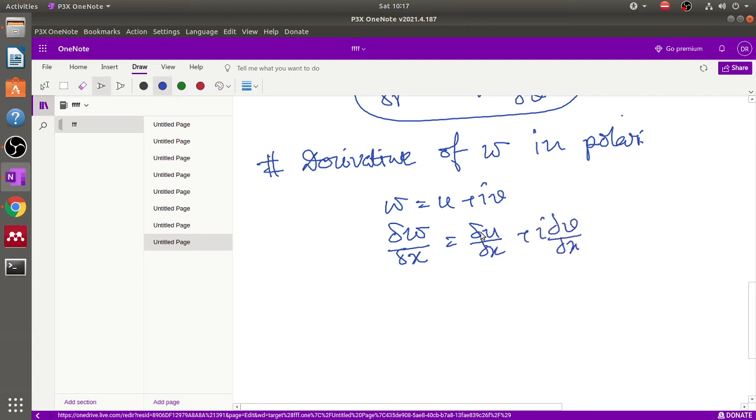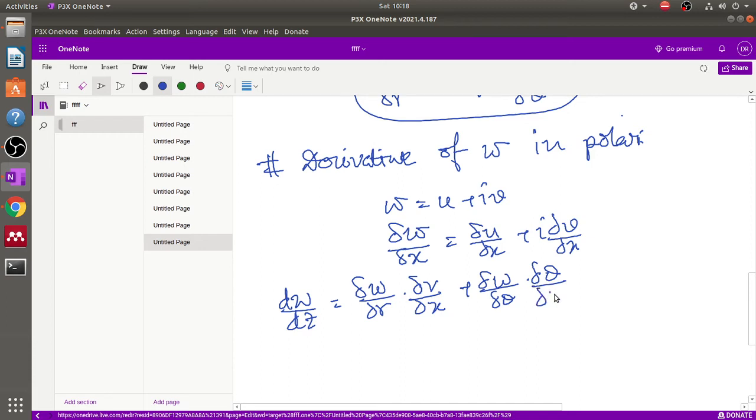Now if we compute d omega by dz, we write this equation in the form del omega by del r into del r by del x plus del omega by del theta into del theta by del x. This is del omega by del r, because z is represented in r theta form, polar form. What is the value of del r by del x?